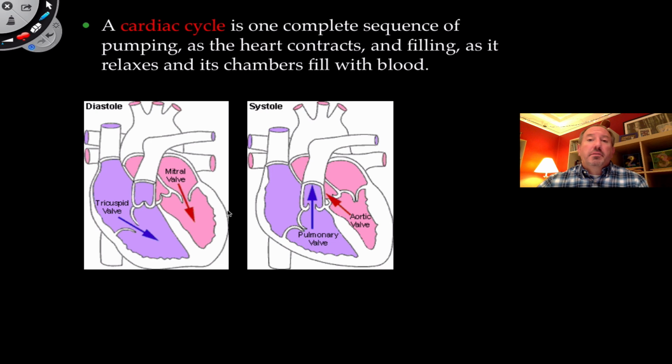Okay, and that's the complete cardiac cycle. When the atria contract, blood goes into the ventricles, and then when the ventricles contract, which are the largest chambers, they pump blood to the lungs and to the rest of the body. So the left ventricle pumps blood in the systemic circuit, and the right ventricle pumps blood towards the lungs in the pulmonary circuit.